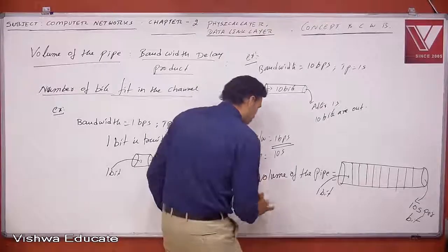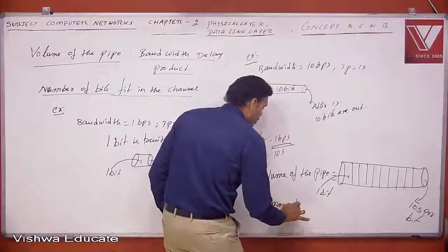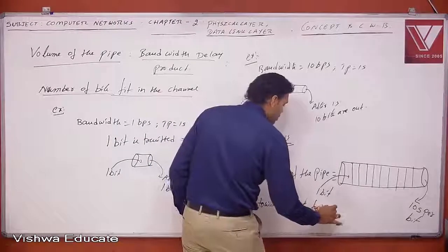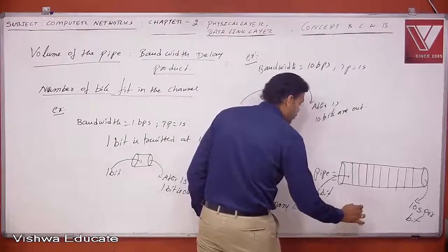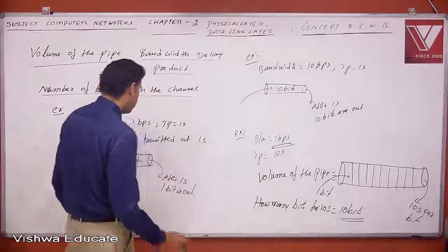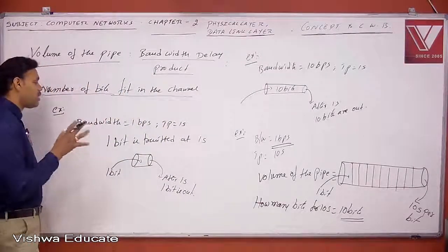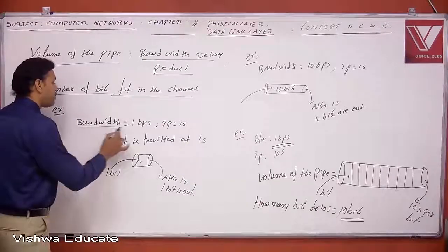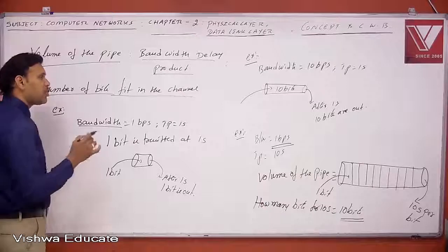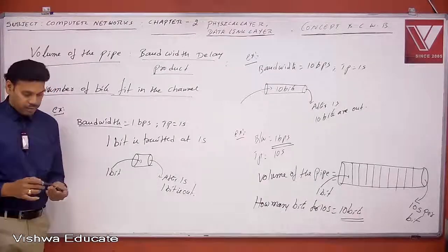Therefore, how many bits for 10 seconds? 10 bits. Why 10 bits? I will show you. Just copy this. The bandwidth delay product ultimately depends upon bandwidth and end-to-end delay. What is it and what is the product, we will see after this diagram. Copy this.